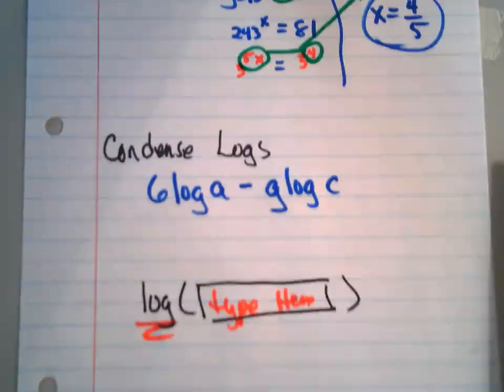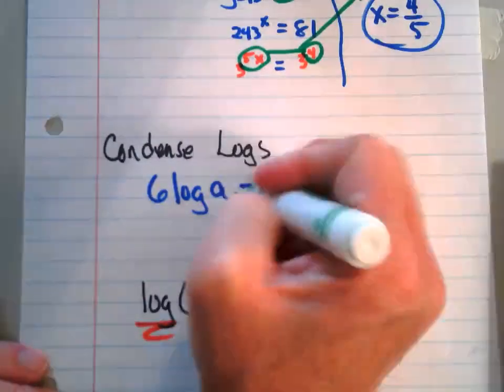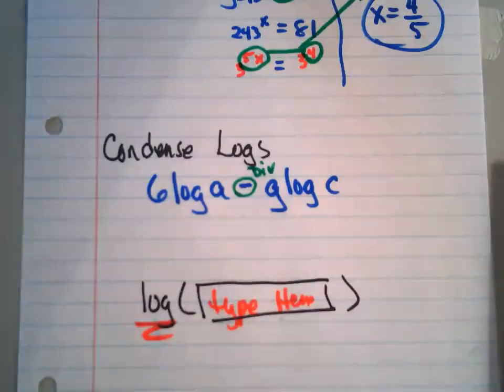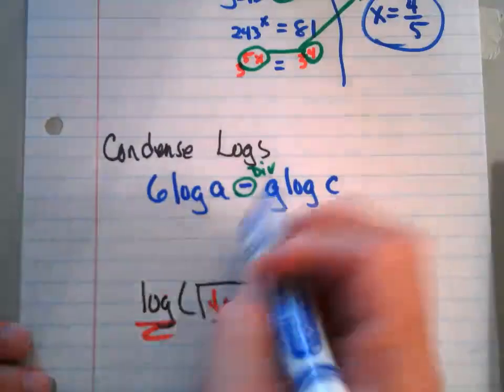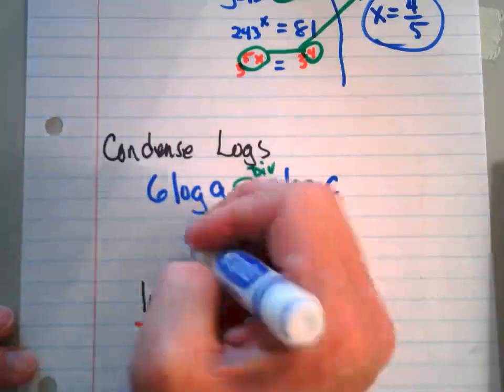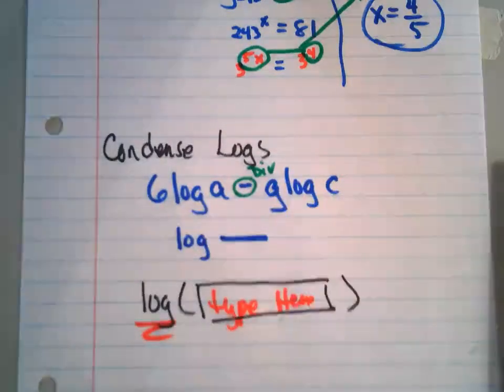Okay, so condensing. The subtraction sign means to divide. So we're going to have a fraction. We'll have the logarithm, the log, goes out in front of that fraction.